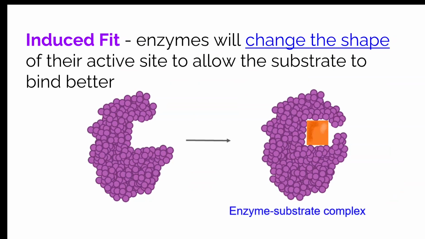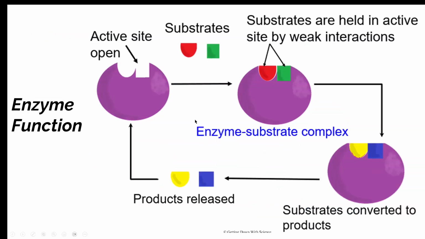So this idea of induced fit is basically when the enzyme will actually change the shape of its active site to allow the substrate to bind better. Going back to this original diagram, we did see that the substrates bound to the active sites right here. We did mention this very weak interaction, but the enzyme will almost like hug the substrates.